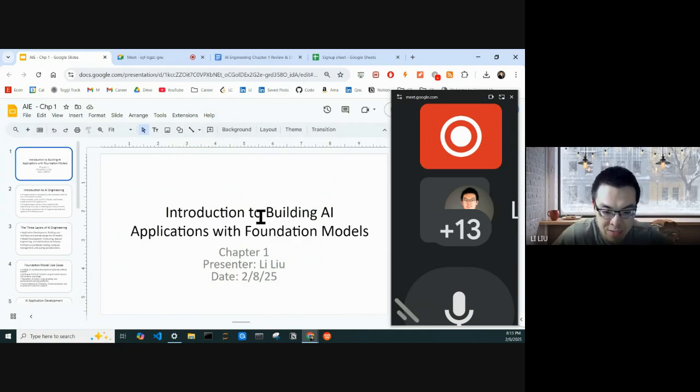But I think this chapter is also very helpful for everyone to read, to get a better understanding of what this book is about and also what AI engineering is about, especially its differences with the more traditional ML engineering, and understanding the current trend and process of building AI applications.